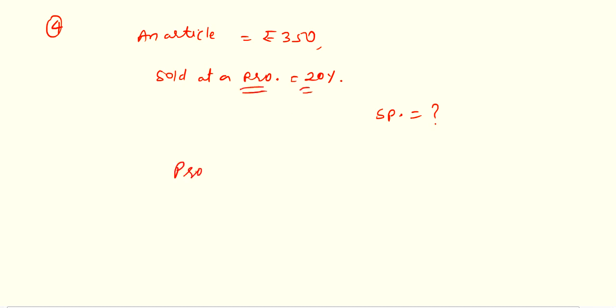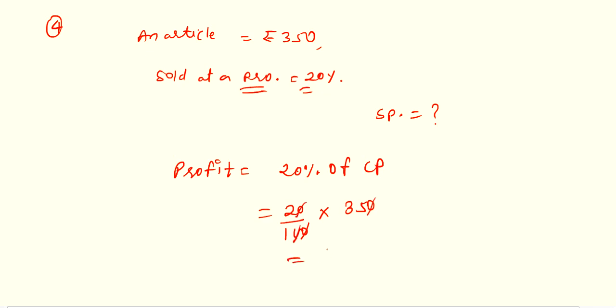So first you will find the profit. Profit equals profit percent of CP. 20% can be written as 20 by 100. Of stands for multiplication. CP is 350. Zeros get cancelled. 35 into 2 is rupees 70. So 70 rupees profit we are getting here.